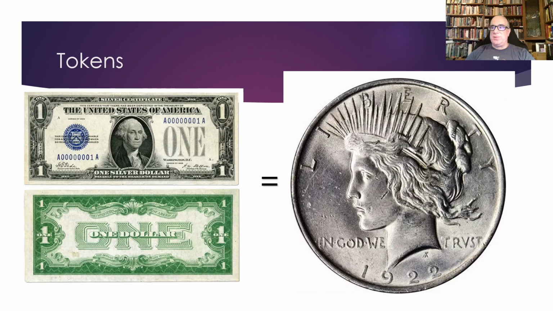So if you had a silver certificate with the blue seal and the blue numbers and you took it to a bank, they would give you a coin that contained $1 worth of silver. They did this because they knew that they could give that bill to the federal government and get their silver back. So you got the actual metal. You would give the bank one set of atoms, and they give you another set of atoms.